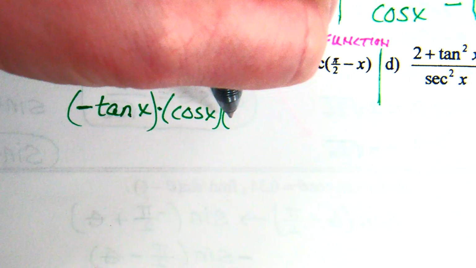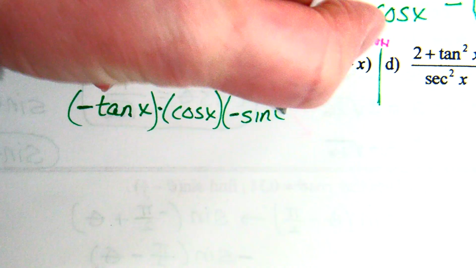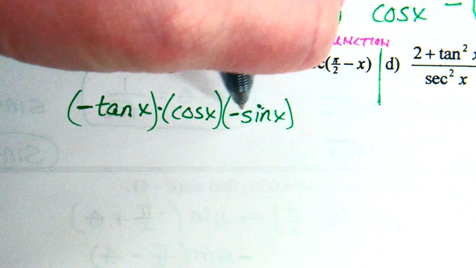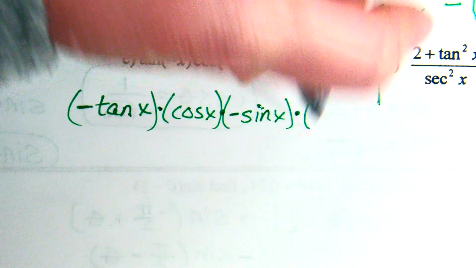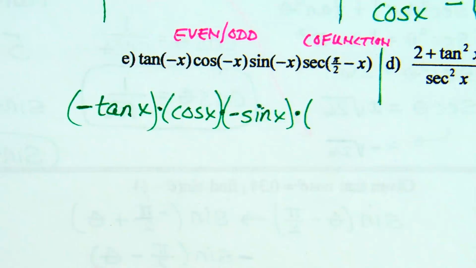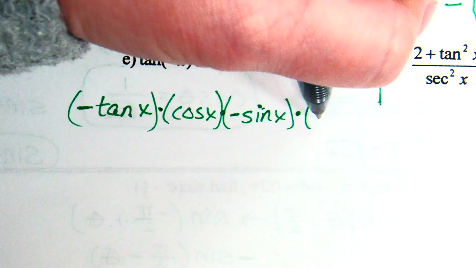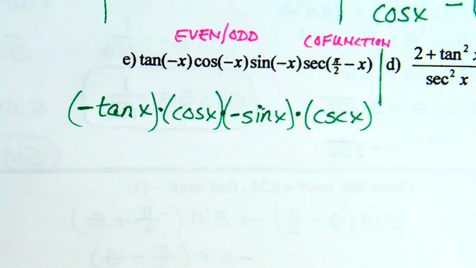That's negative sine of x. And according to our cofunctions, what is secant of pi over 2 minus x equivalent to? Cosecant of x. So first of all, I got rid of all those negative variables within my trig functions. Got rid of that pi over 2 minus x.